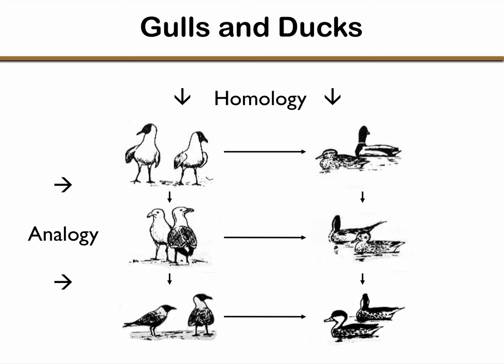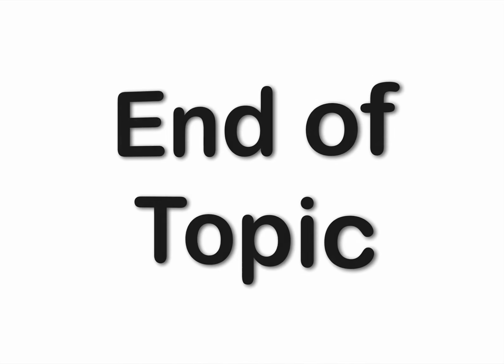So among ducks, for example, you can use this as the basis of looking at phylogenies. Konrad Lorenz did, as a matter of fact. That was one of the many behaviors he looked at in constructing his phylogenetic tree of behavior. But you cannot do it between gulls and ducks. So those are homologous traits and analogous traits.